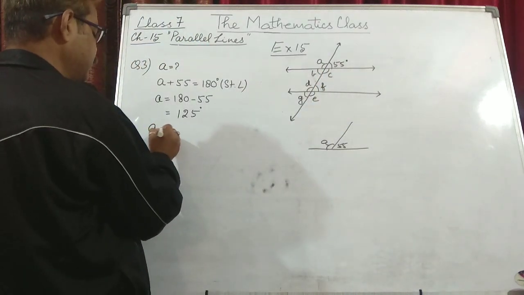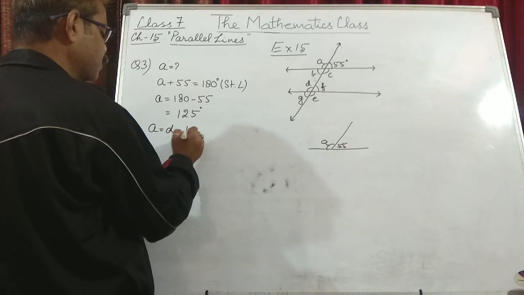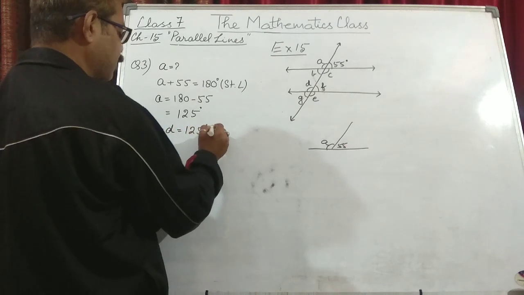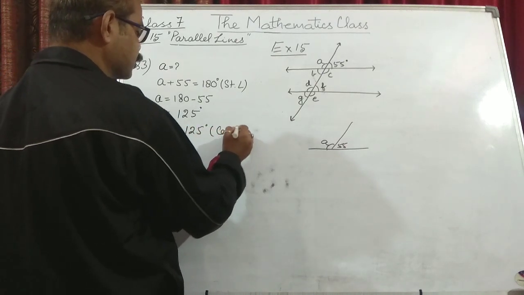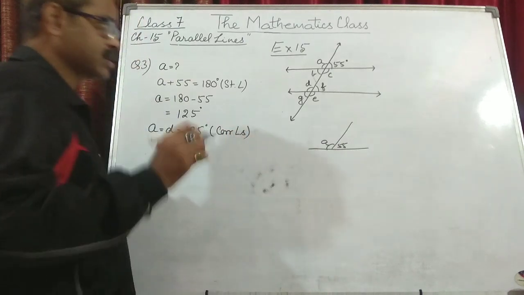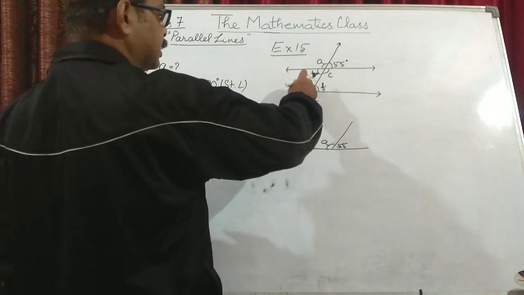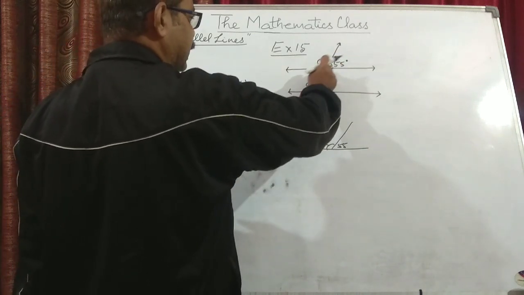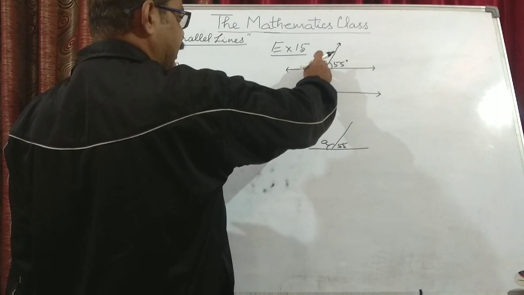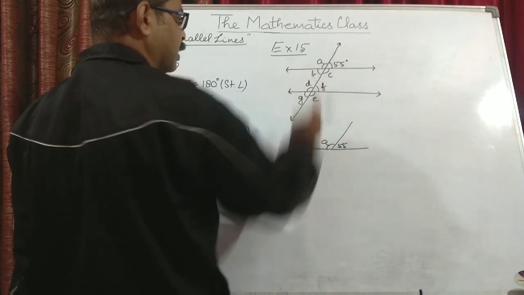So A is equal to D is equal to 125 because A and D are corresponding angles. We have just now discussed the meaning of corresponding angles.